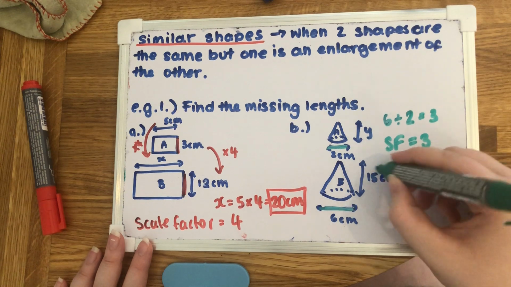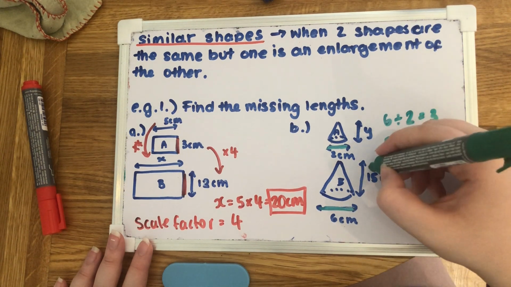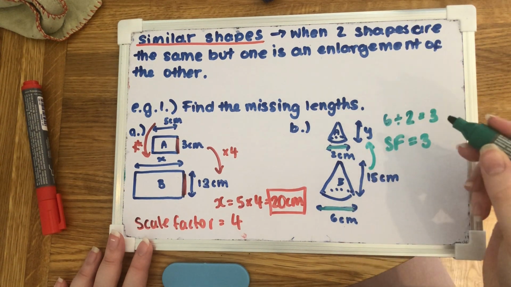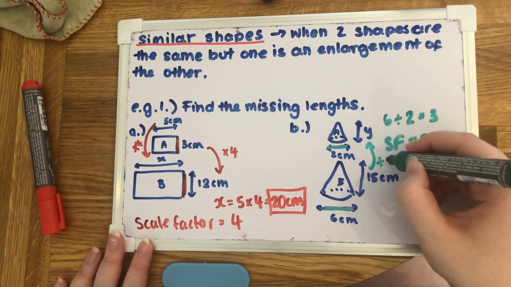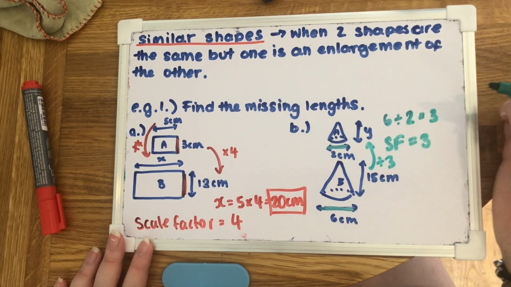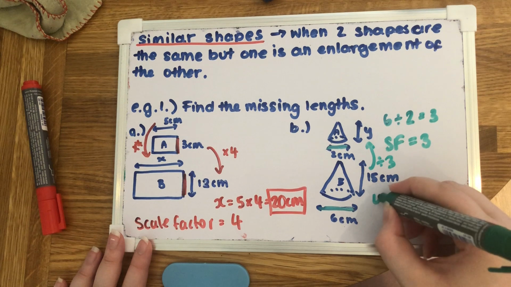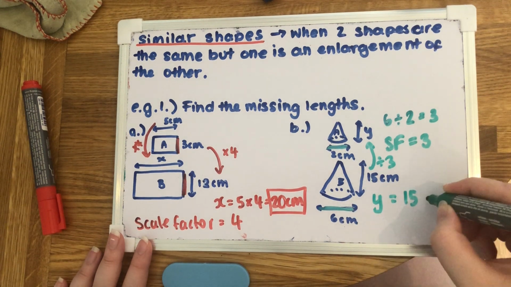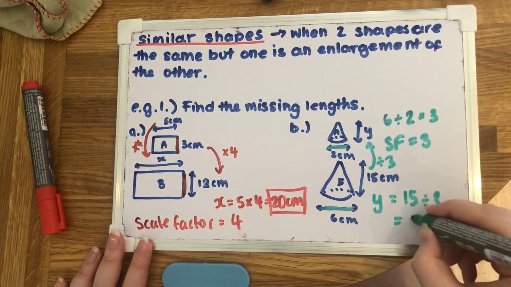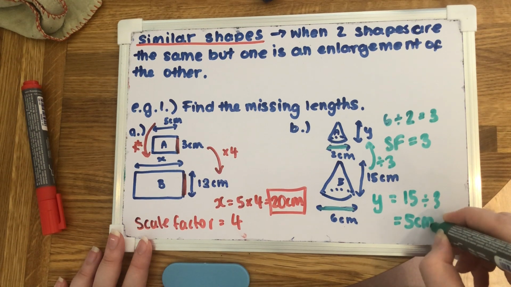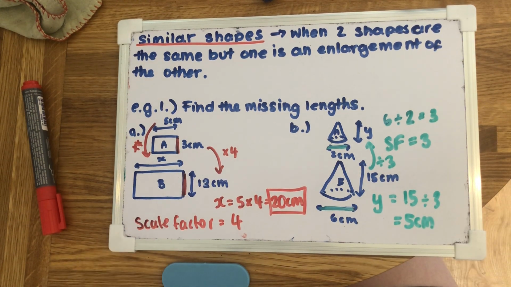Now we know that the bigger shape is 15, so to go backwards, so go back to the smaller shape, we would have to divide by whatever the scale factor is, so divide by 3. So Y is going to be 15 divided by 3, which is 5 centimetres. It's just a bit of logic.